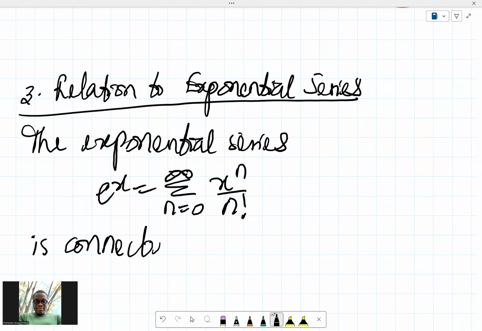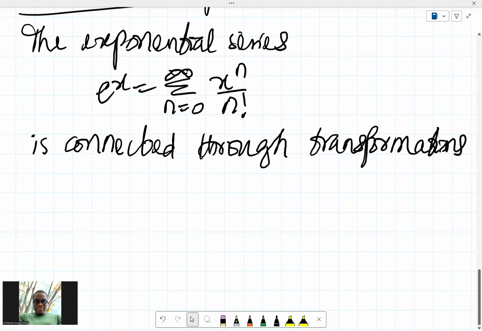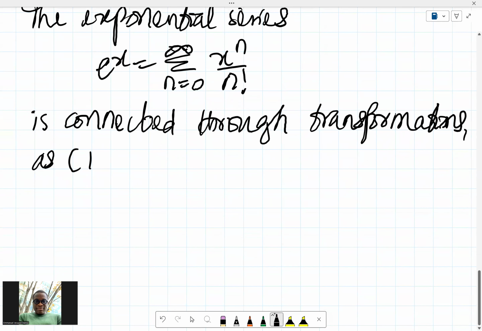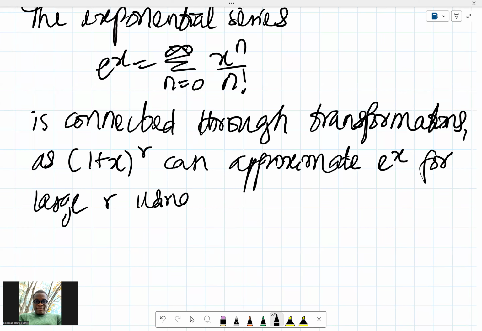connected through transformations, as 1 plus x raised to power r can approximate e raised to power x for large r, using the fact that 1 plus x over r raised to power r is approximately e raised to power x.